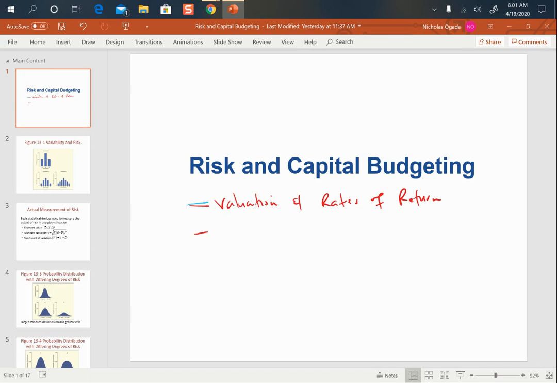We also looked at a chapter on cost of capital, which is instrumental when it comes to capital budgeting. If you recall, we focused on a weighted average cost of capital. We also covered something on capital budgeting.